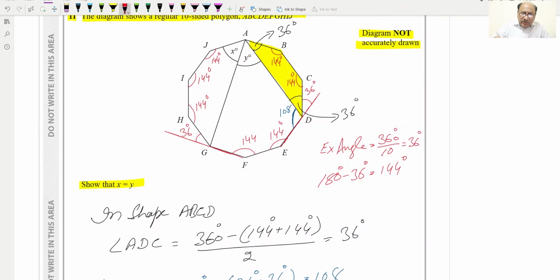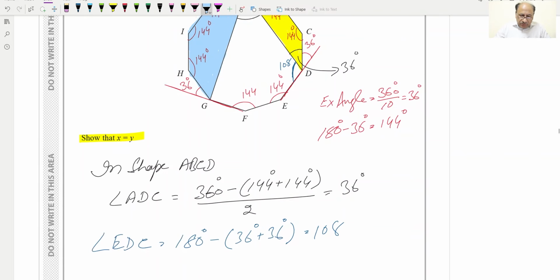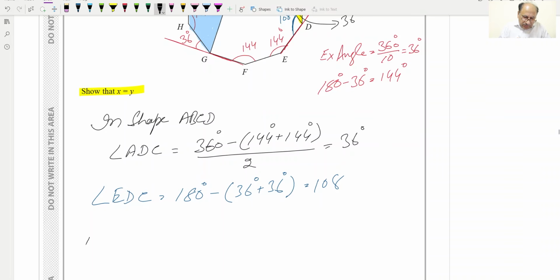Now similarly we can consider this shape also, and we will apply the same technique to find this x, in this shape, which is a 1 2 3 4 and 5 sided shape. So we can find angle JAG.